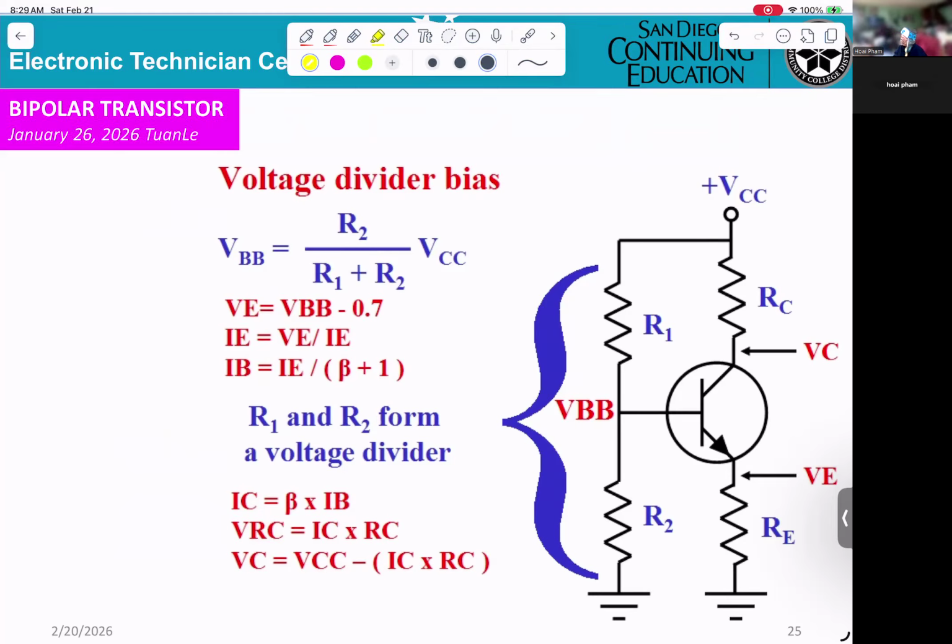So that's why they use two resistors, R1 and R2. Okay, so we'll see how they work.